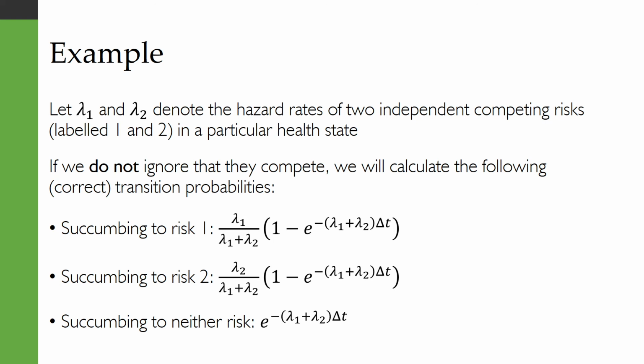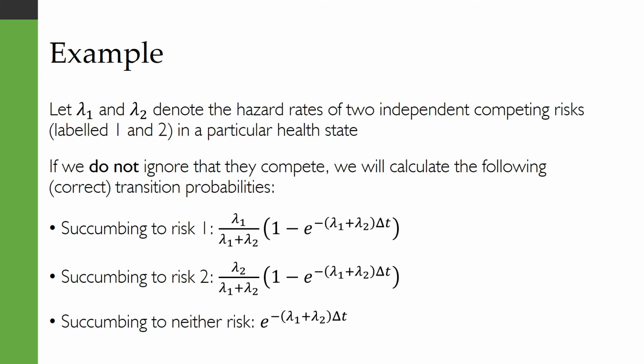So here are the formulae for succumbing to either of the risks when you do include competing risks. The way that it's best to look at this is to look at the probability of succumbing to neither risk. This is a fairly simple formula. It's just like the probability of not succumbing to one risk, except instead of a single hazard rate, we've added together the two hazard rates.